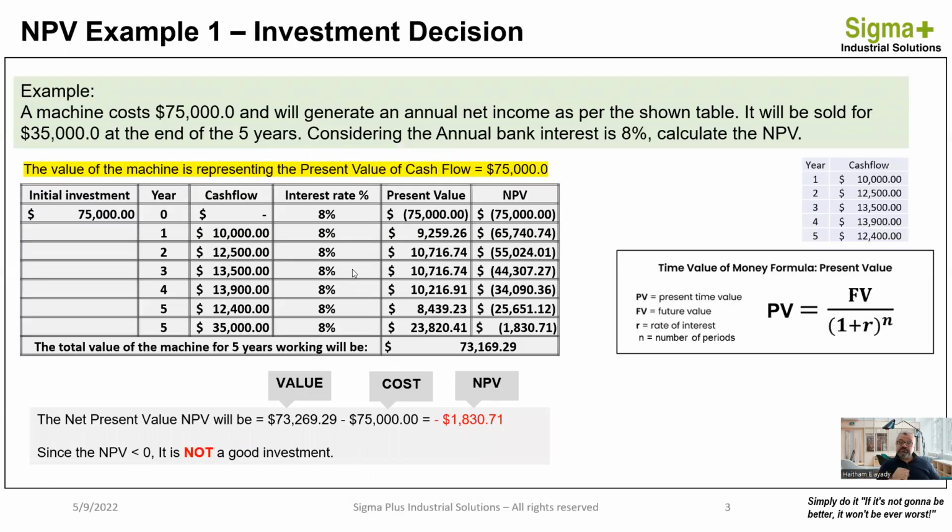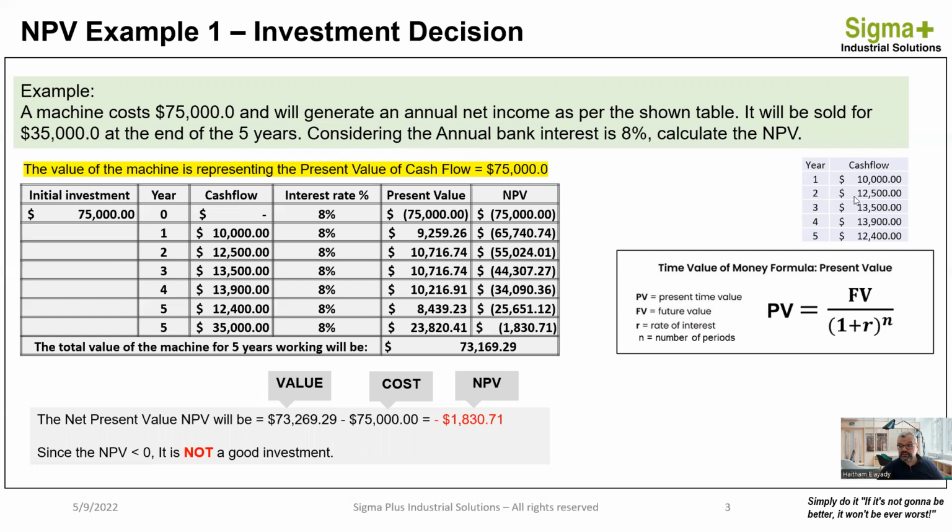In this example, we will see two different machines as investment projects. The first machine is sold for $75,000, and it will generate an annual net income as per the shown table. In the first year, you will get an income cash flow of $10,000.